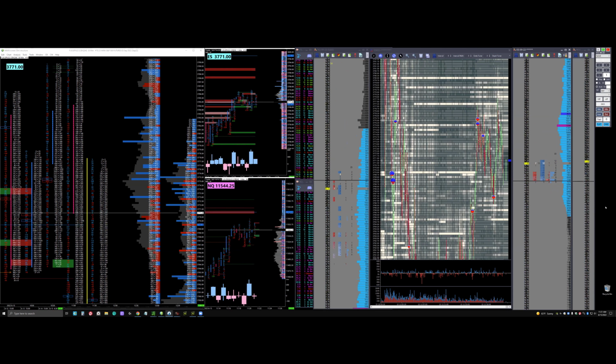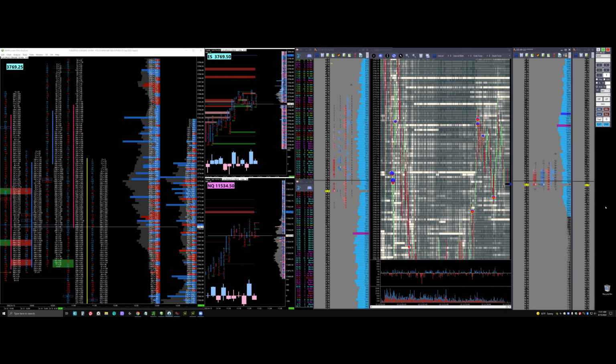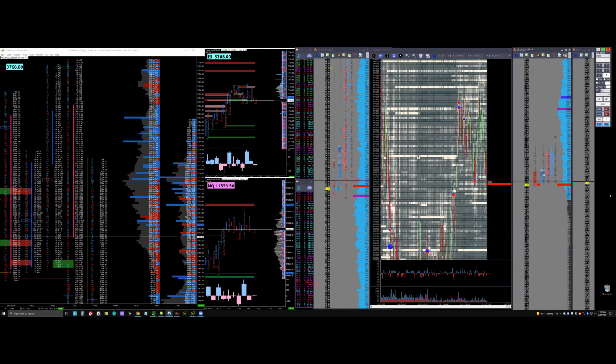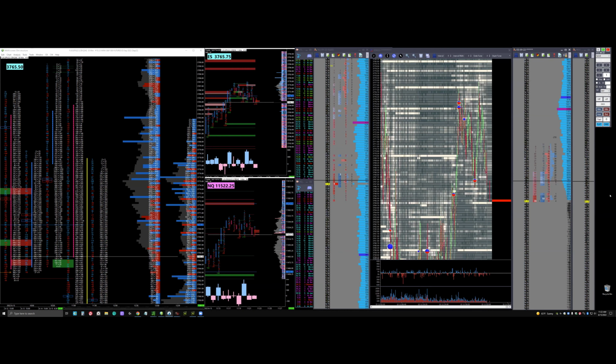And even if you have a rocket fast connection, like right from here, I'm at about 16 milliseconds, even with that, as a human, there's 100 milliseconds at least before I react, probably more like 200. So it's probably a good half a second when you put it all together. And that's just way too long when I just showed an example where in half a second we went 18 ticks in each direction. We went up 18 and then down 18.